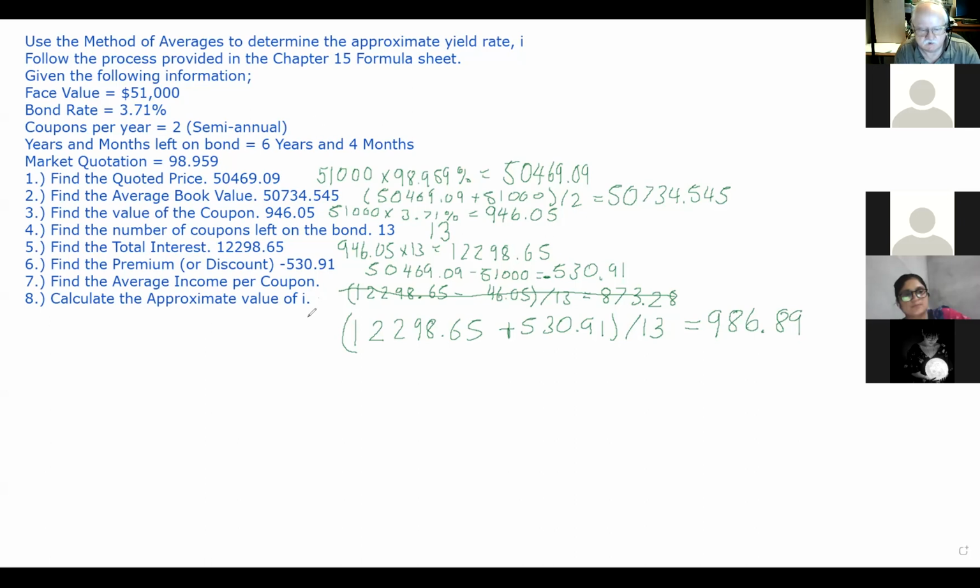And so now we can actually calculate the approximate value of the yield rate. Take the average income per coupon that we just calculated, divided by the average book value.